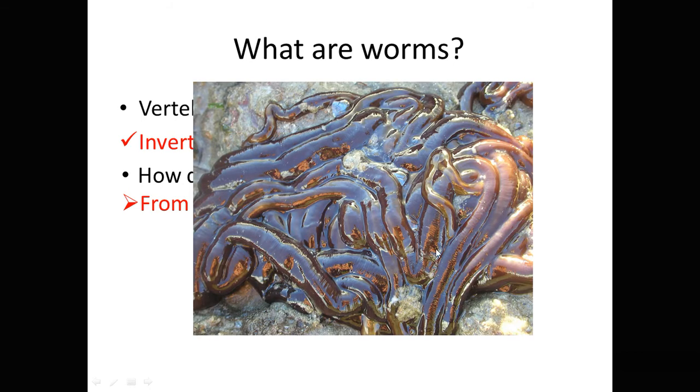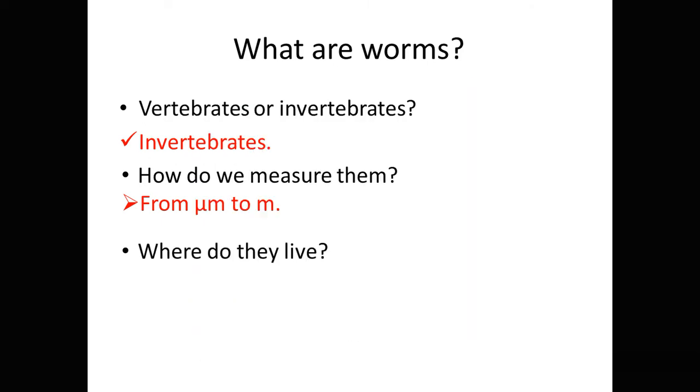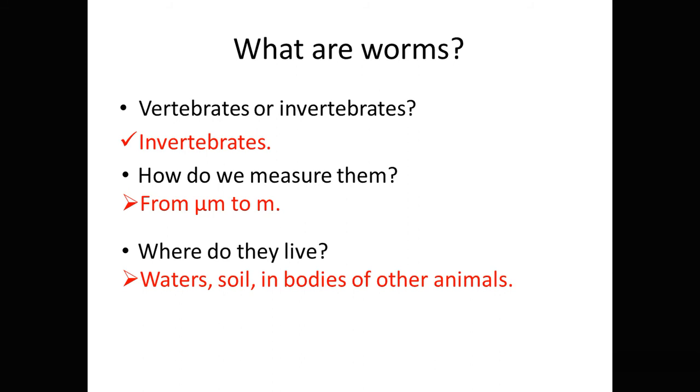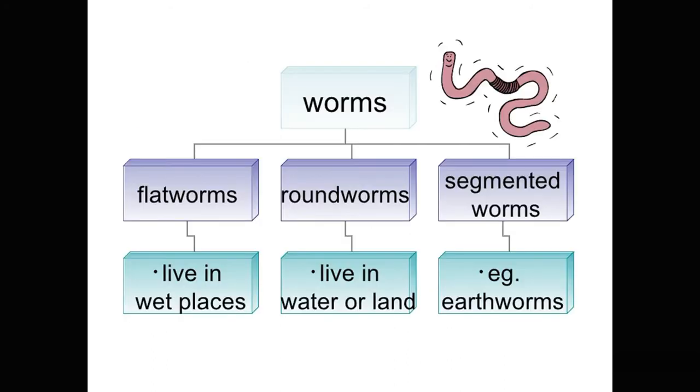This is the largest worm, measuring several meters, and this is a free-living worm in water. And where do worms live? Many of them are free-living, of course. They live in water and soils, but some can live in the bodies of other animals, including humans.